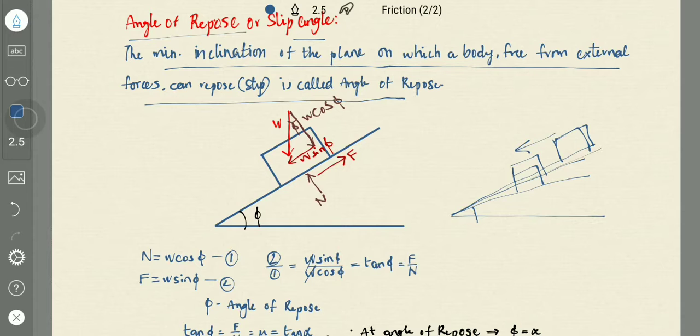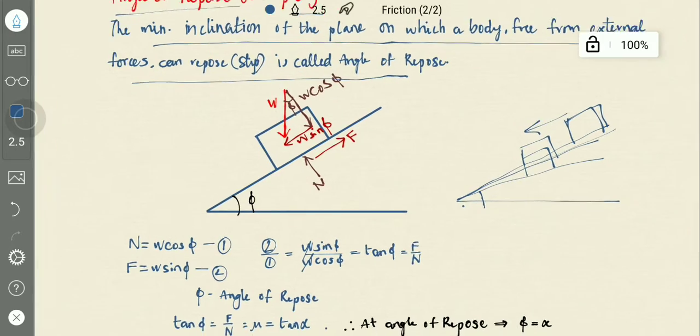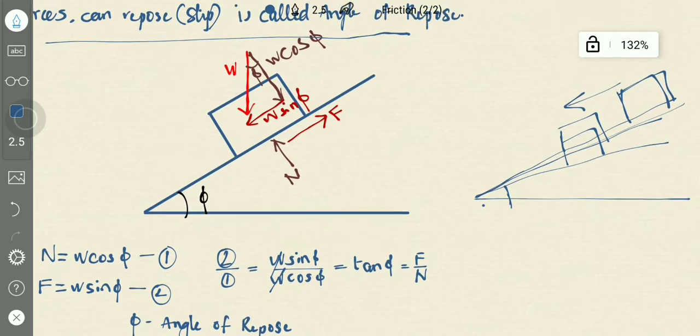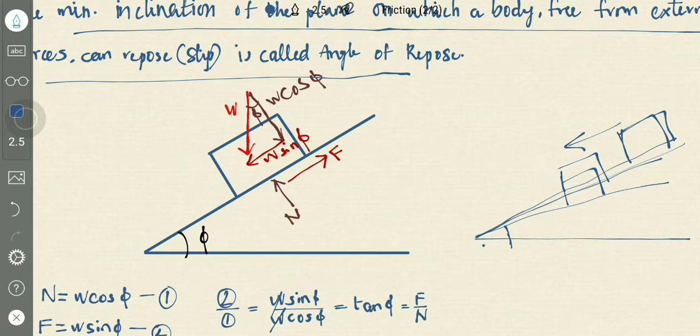If the inclined plane is at the angle of repose, the body travels without any external forces applied on it. This angle of repose is represented with phi.